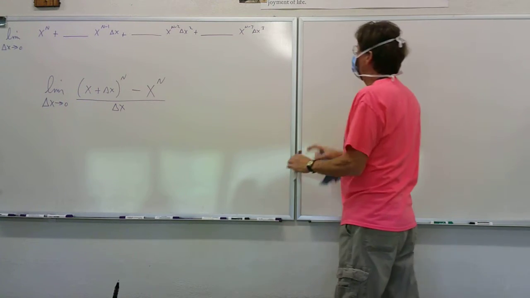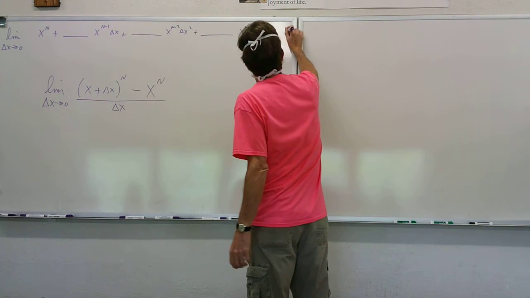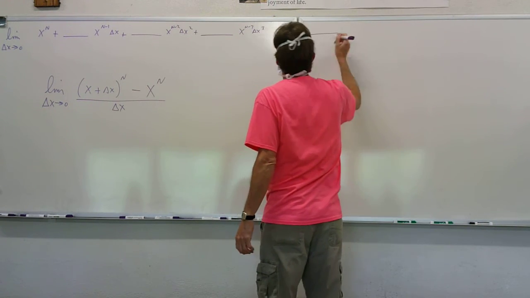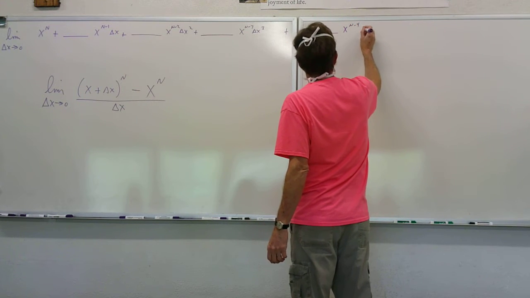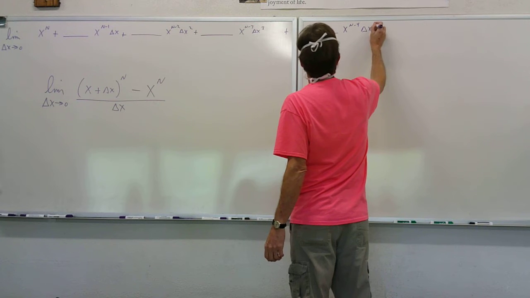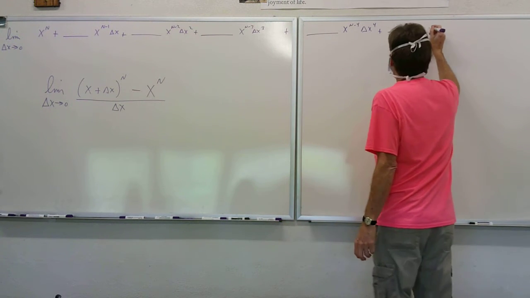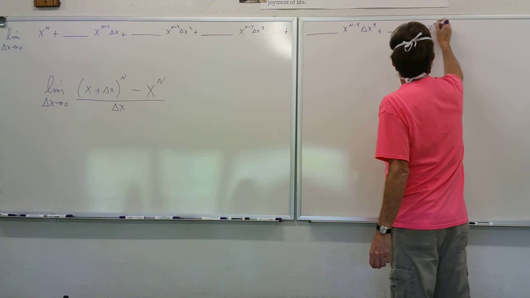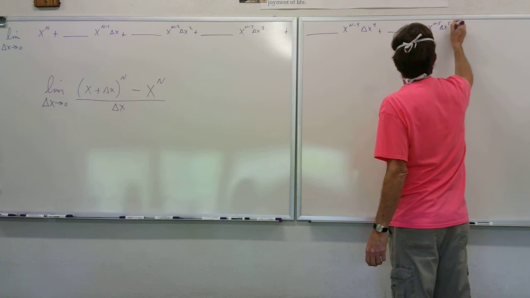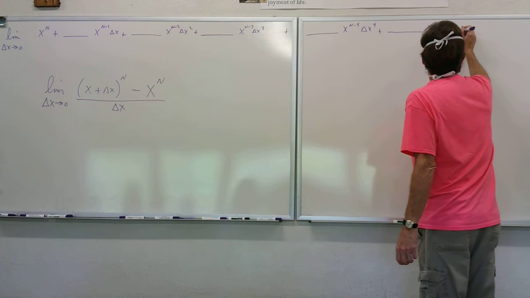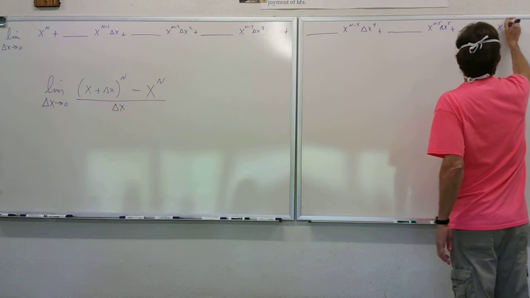All right, plus blank, x to the n minus 4, delta x to the 4th, plus blank, x to the n minus 5, delta x to the 5th, plus blank, x to the n.